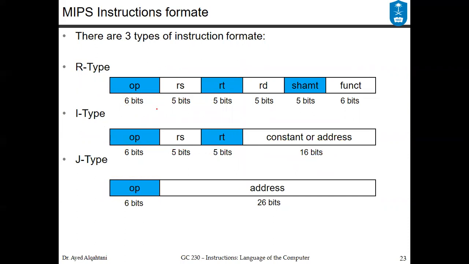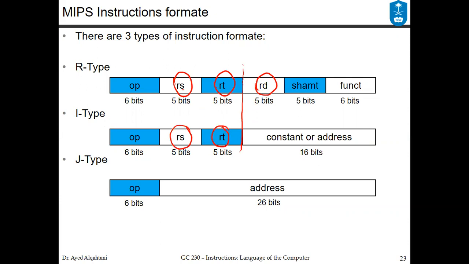Now, you can see here in the R type, we have the first source, RS, the second source, RT, and the destination. For the I type, we have a source and destination.